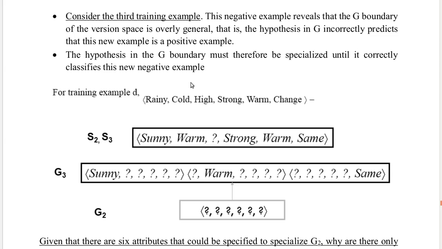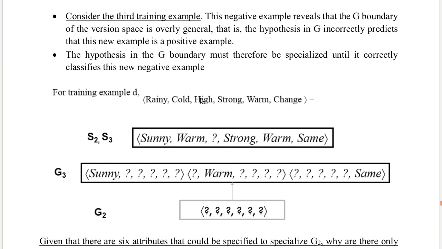Because of cold it is a negative example, but if it is warm, then it might be a positive example. So the second attribute must be warm. So I write the second hypothesis in G3 as warm. Then the remaining attributes are all the same.